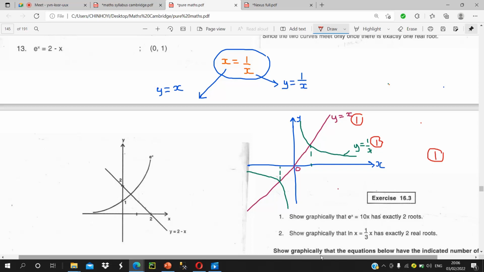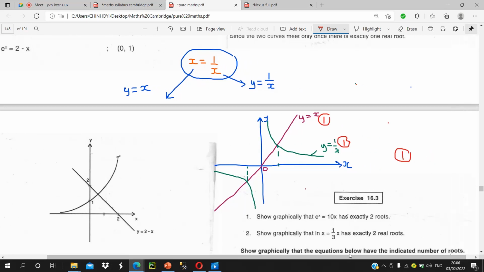Right? Yes. So when they are saying show graphically that the graph shows maybe 1 or 2 roots, make sure you indicate your x-axis and your y-axis, and also show where the graph cuts. The intercepts are very, very important. You have to indicate the intercepts.